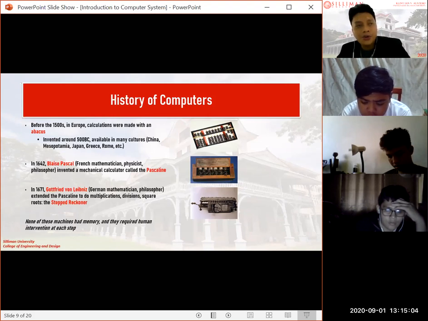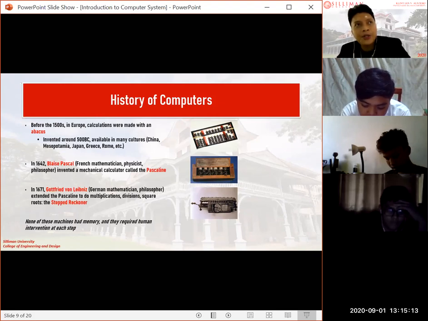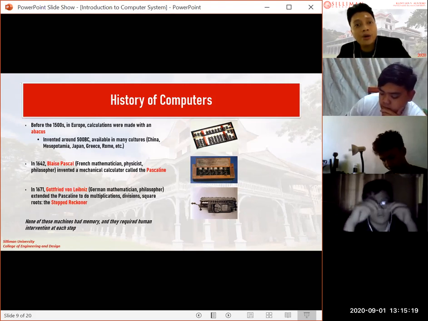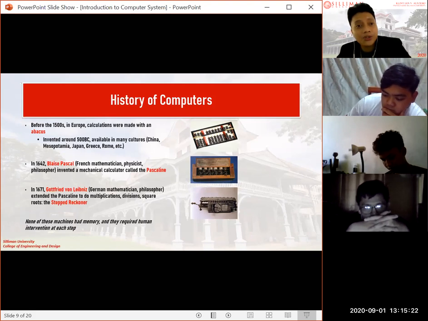So the first half, the analog era, is also subdivided into two parts. The first part of the analog era is what we call the calculators or the manual computations.